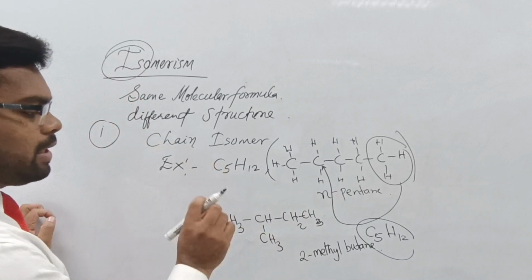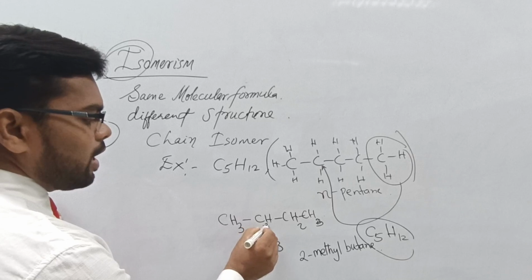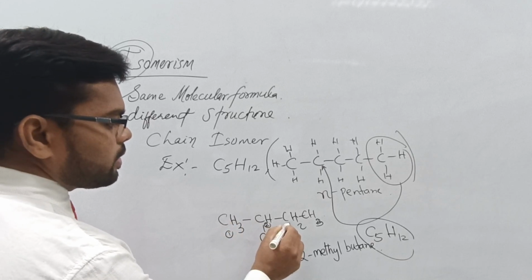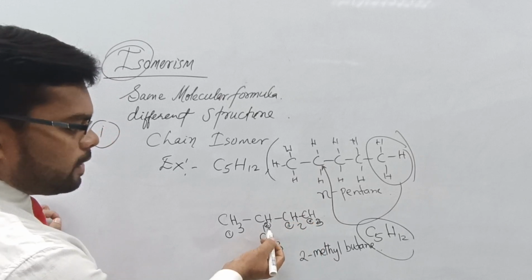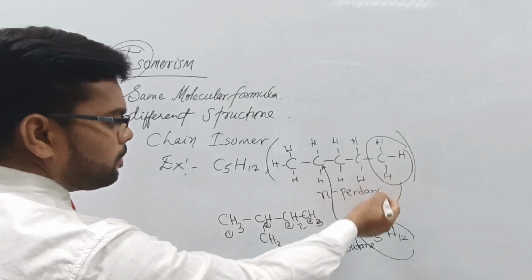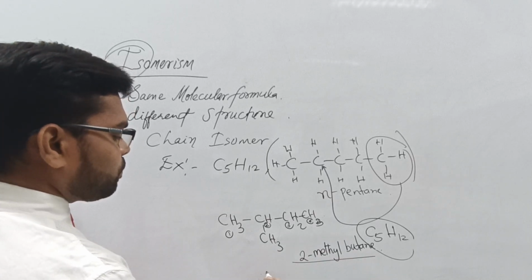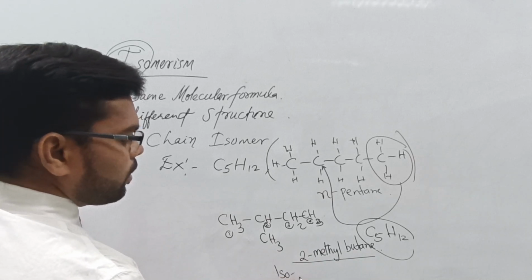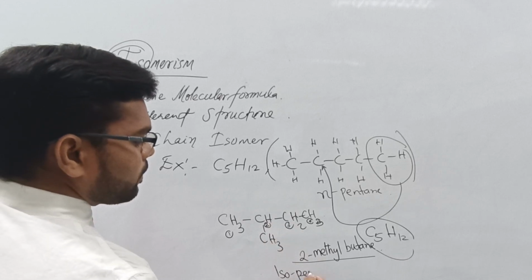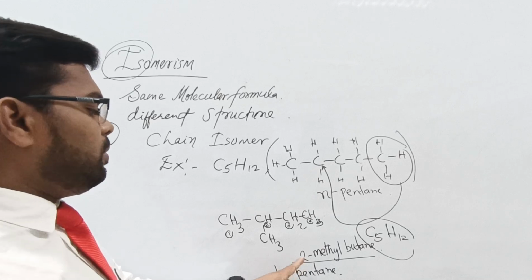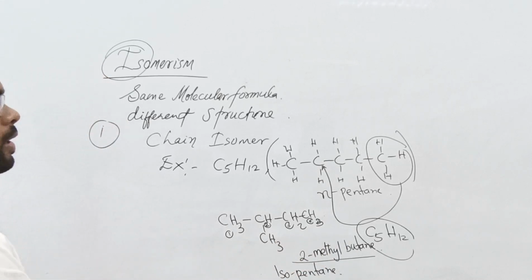Whenever one methyl group is connected to the second carbon, in the naming you learned, this is the second carbon, this is the first carbon. We even call it isopentane, or you simply name it 2-methylbutane.